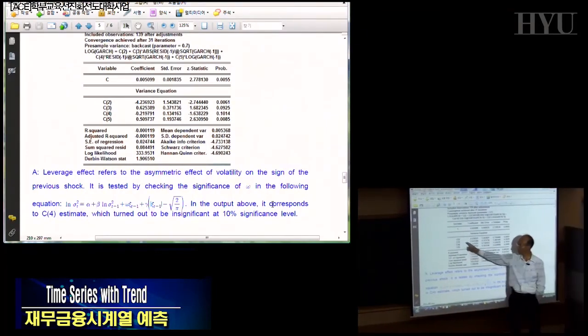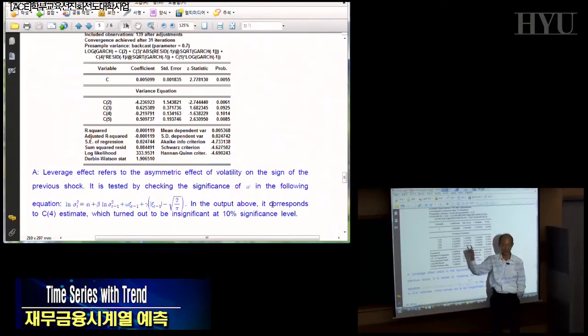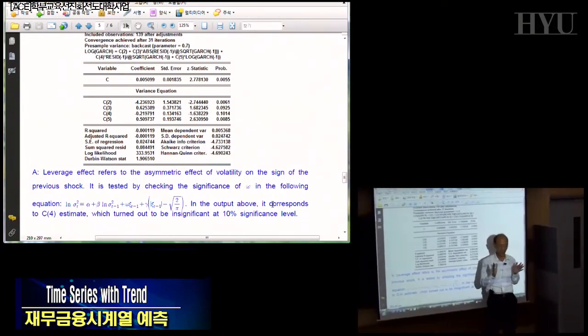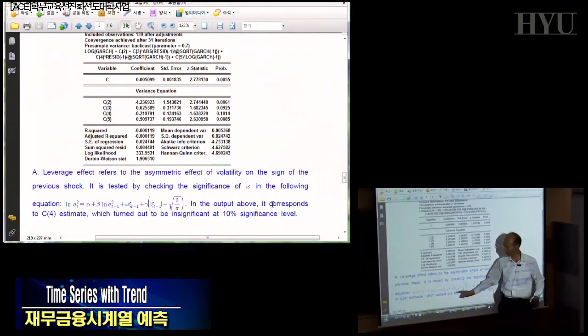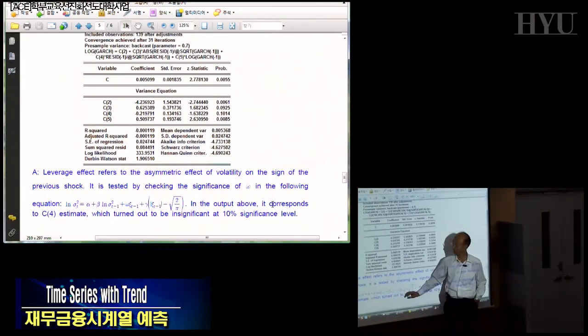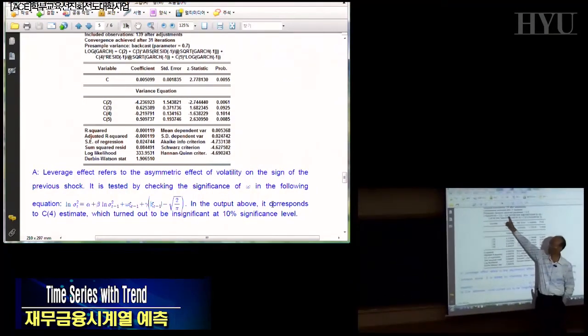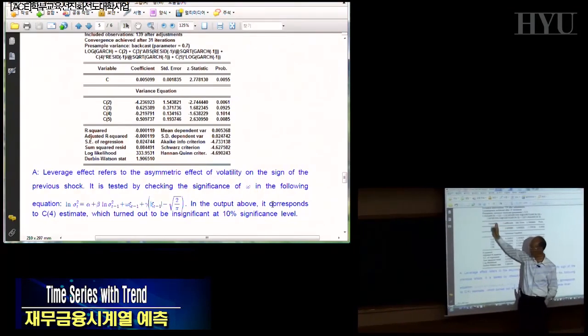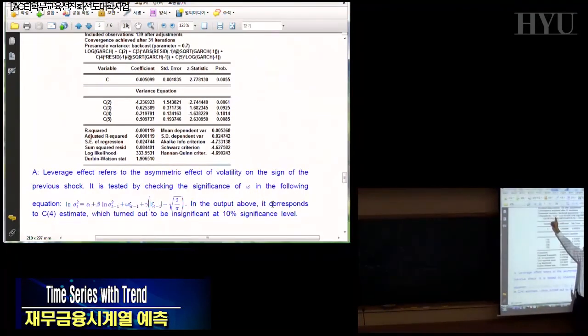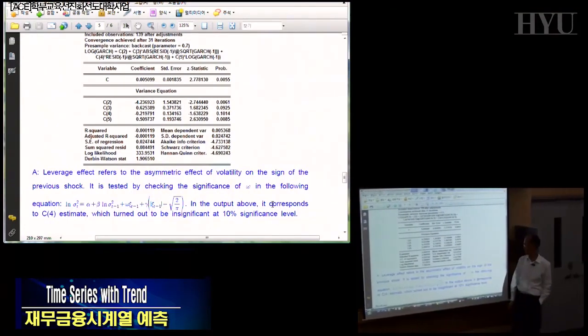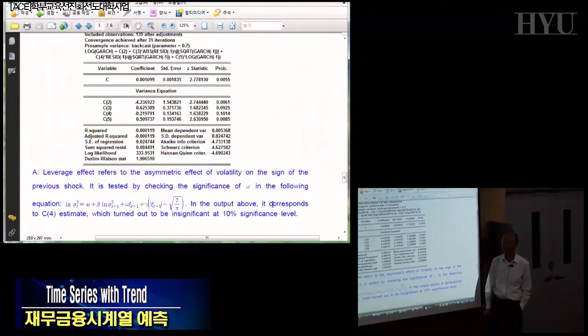It's very difficult to see because EViews expresses this equation slightly differently, so not exactly this one. What EViews is trying to fit is explained right here: log sigma t squared equals a constant, etc. So which one?